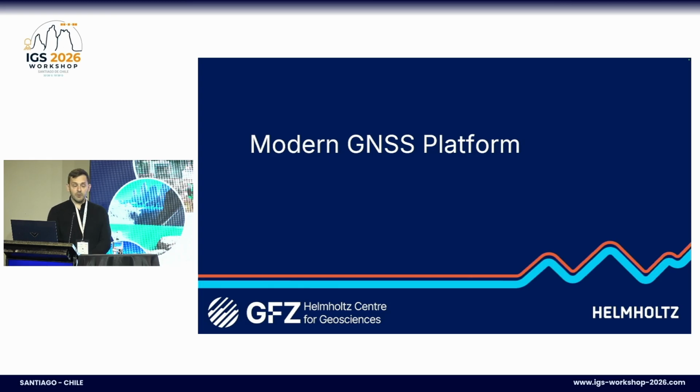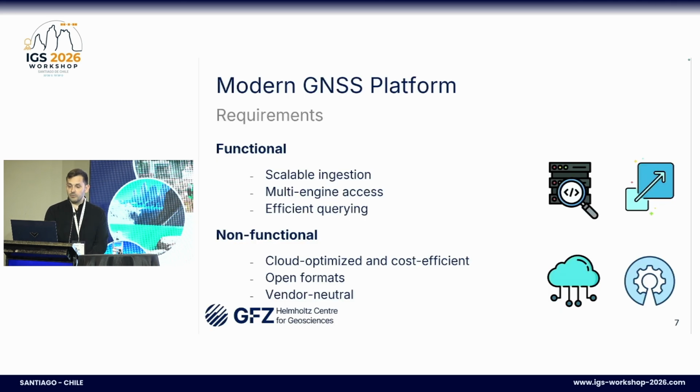So we want to create a modern GNSS platform. We first looked at the functional and non-functional requirements that we put on that platform. Functional ones are, we want to be able to ingest our data in a scalable fashion.